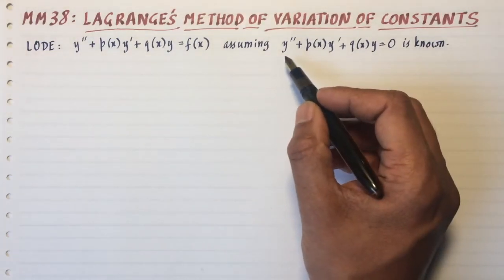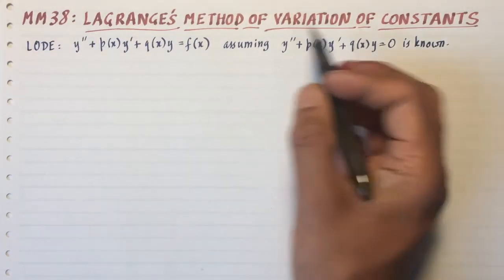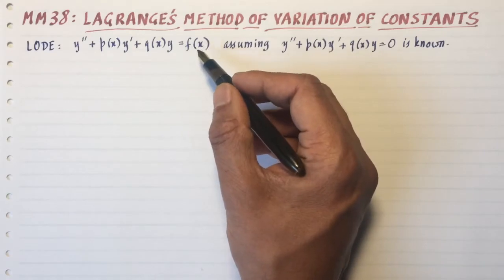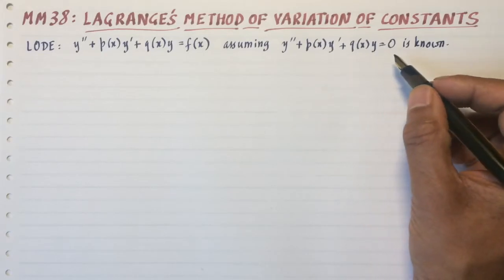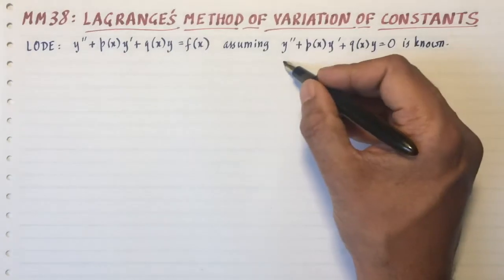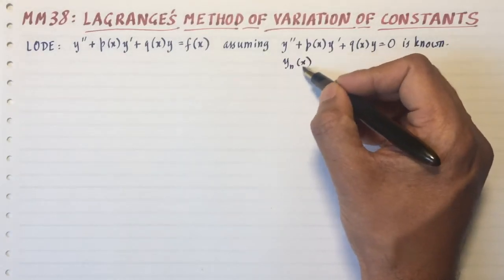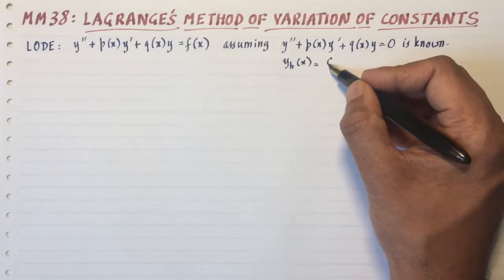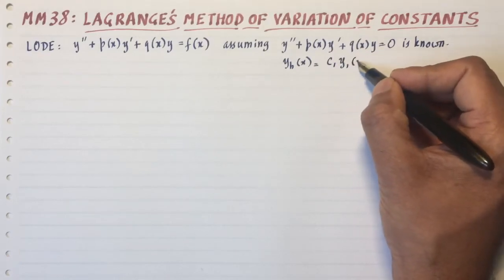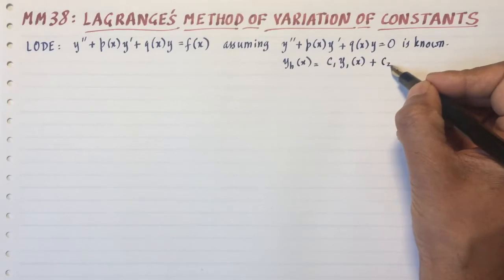Now we assume that we know the answer to the problem of what happens when f of x is equal to 0. That's called the homogeneous problem. So assuming that we know the homogeneous solutions to this equation, in other words, we have y homogeneous of x equal to a linear combination c1 y1 of x plus c2 y2 of x.